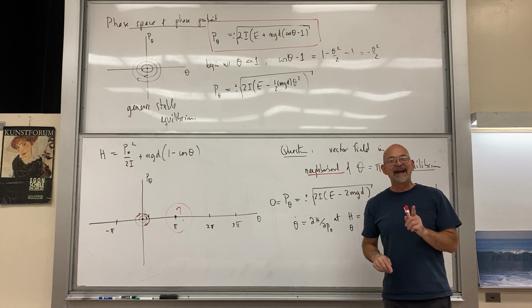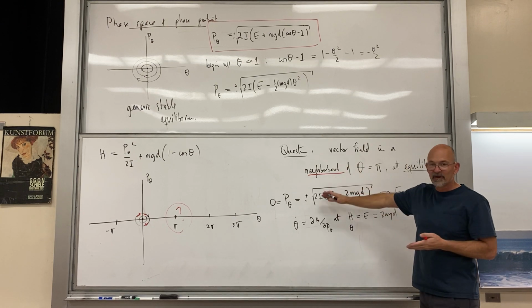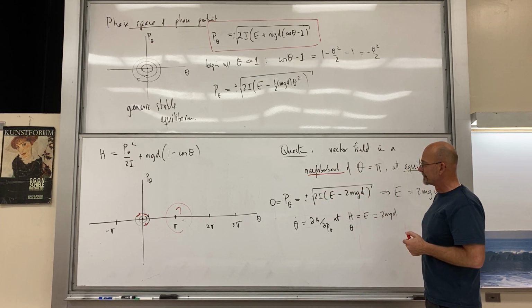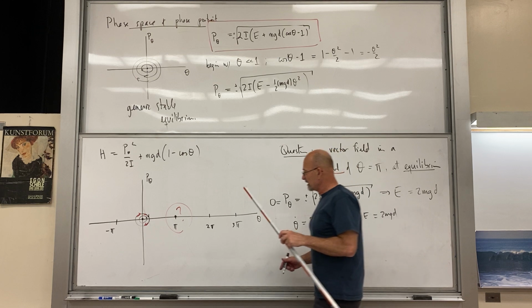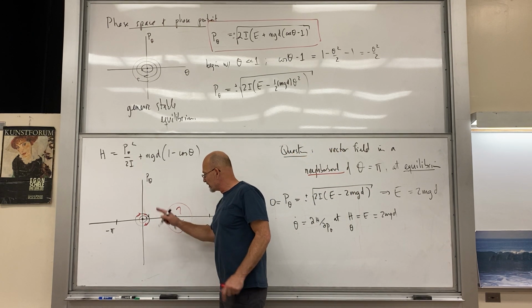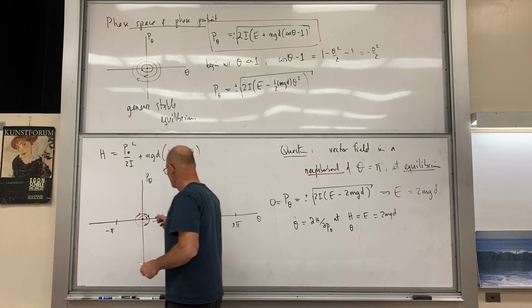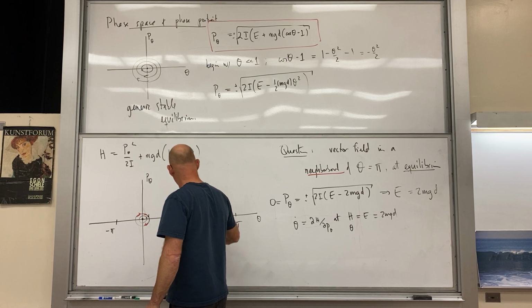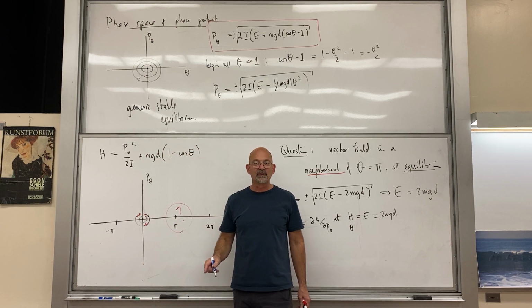Maybe I'll state the answer and then let you guys do the little bit of analysis that's required. Let's go ahead and do that, because we want to talk about how this phase portrait looks. So if the thing is spinning, that means p sub theta is either always positive or negative.